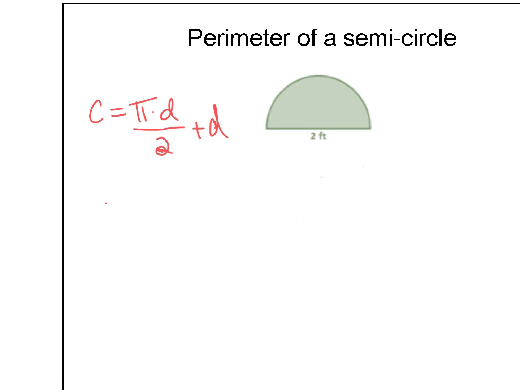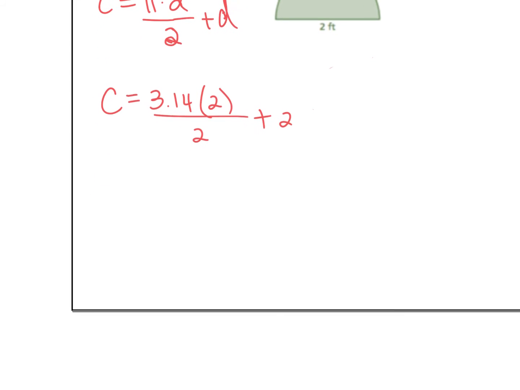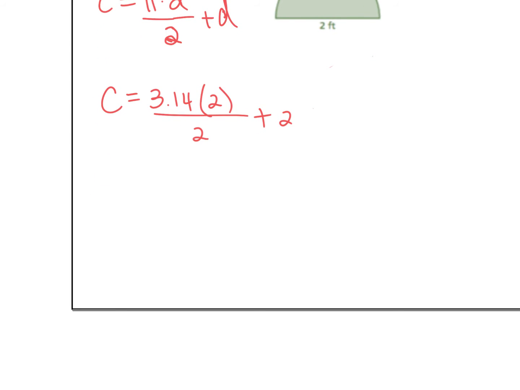So circumference equals 3.14 times our diameter, which is 2. And then we're going to divide by 2, and we're going to add that diameter of 2 back on. All right, so I'm going to do PEMDAS, right? So PEMDAS tells me I'm going to do my top part first. So 3.14 times 2 is going to give me 6.28.